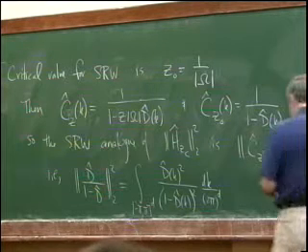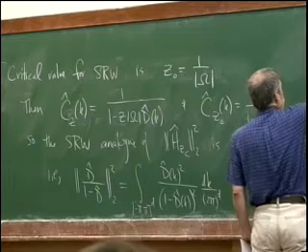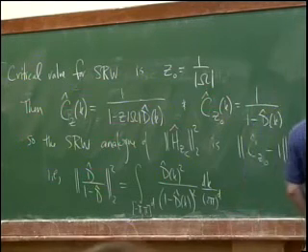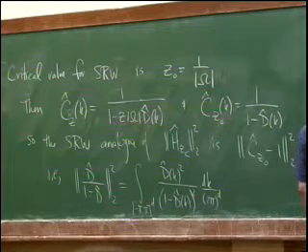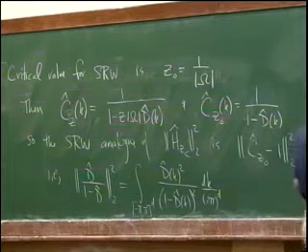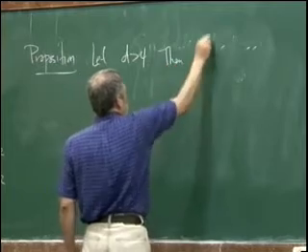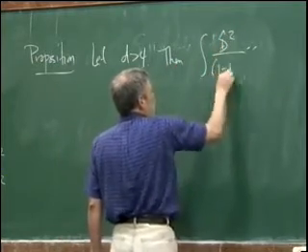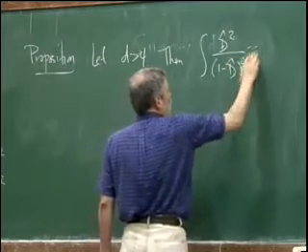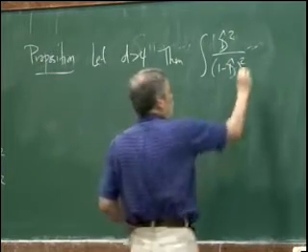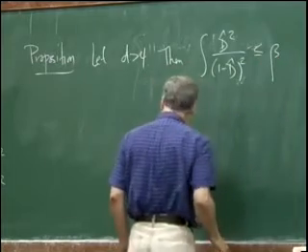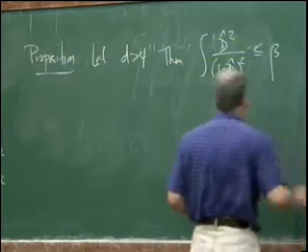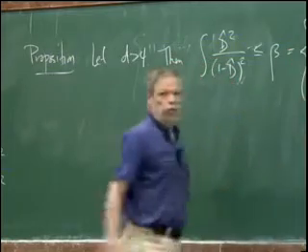So here's the solution to the calculus problem, the proposition. Let the dimension be greater than 4. Then this integral, which I'll write in short form as D hat squared over 1 minus D hat squared, is less than or equal to beta, which is a small parameter that takes on different values according to which model we're talking about.